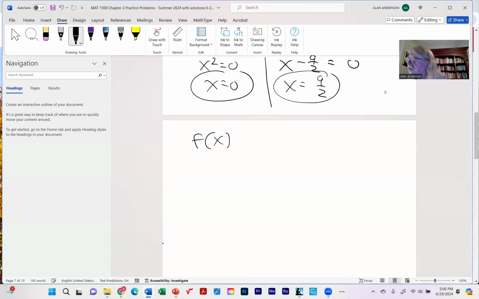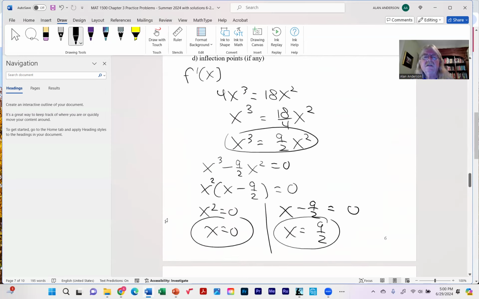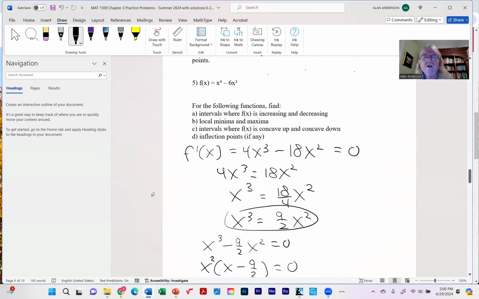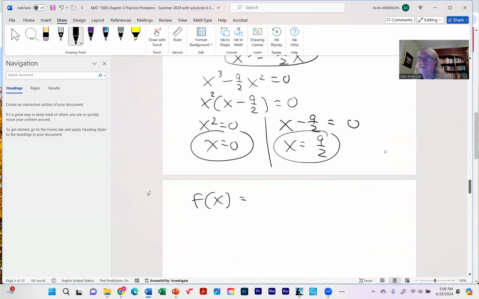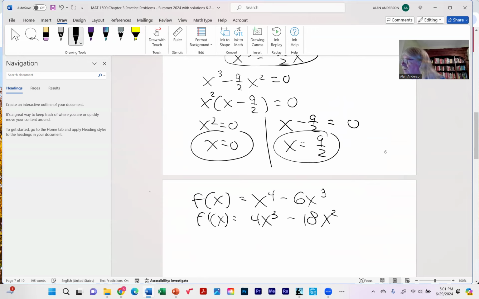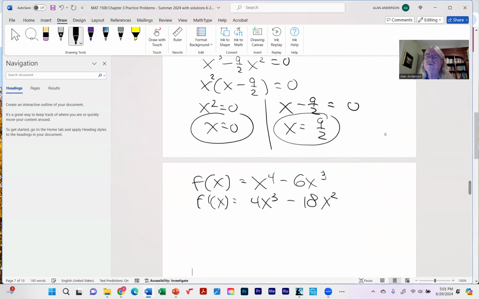So again, remember f of x was originally x to the 4th minus 6x cubed. Then we would have f prime of x is 4x cubed minus 18x squared. And then that means that the second derivative, which is the derivative of the first derivative, meaning that we're applying the same rules to it, becomes 12x squared minus 36x.